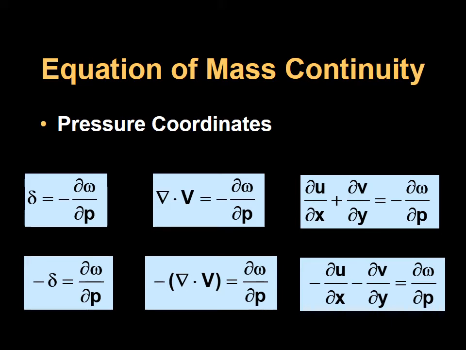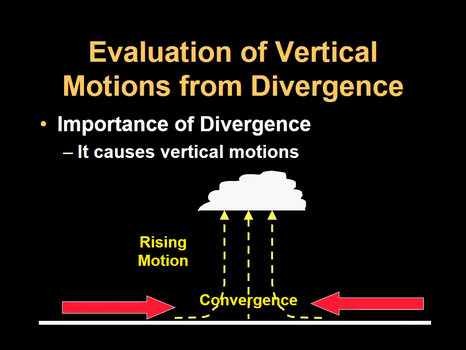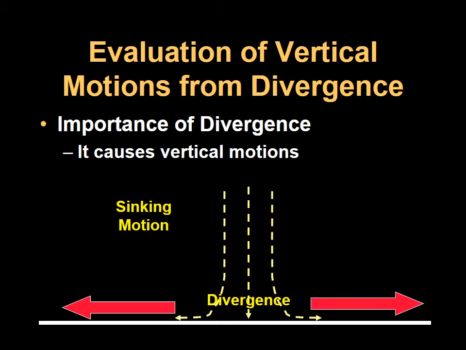And we'll look at this and we'll explain how this works. So overall, what you need to know is that the mass continuity equation tells us that if there is convergence or divergence in the atmosphere, it will cause either rising motions or sinking motions, depending upon the distribution of convergence and divergence throughout the atmosphere.